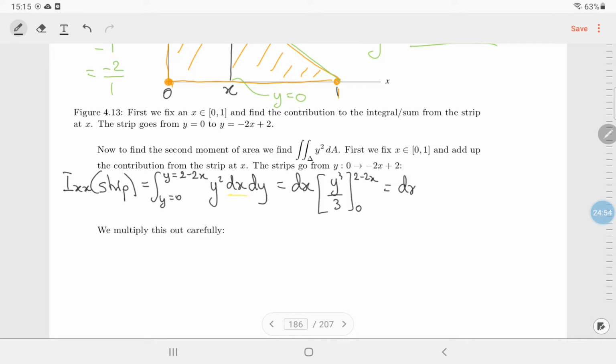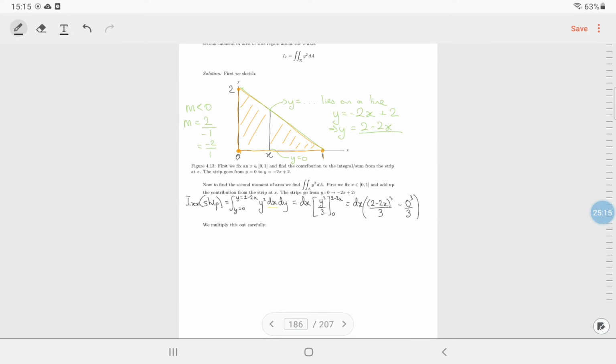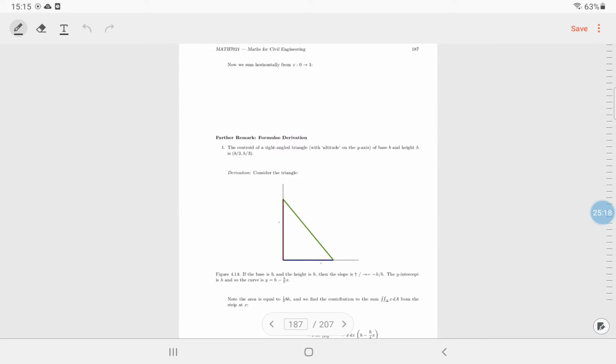So put y equal to 2 minus 2x. So you've got 2 minus 2x, you'll need the brackets here, cubed over 3 minus 0 cubed over 3, dx. So what I'm going to say here is that it doesn't really matter. Now we are going to integrate that on the next page, okay?